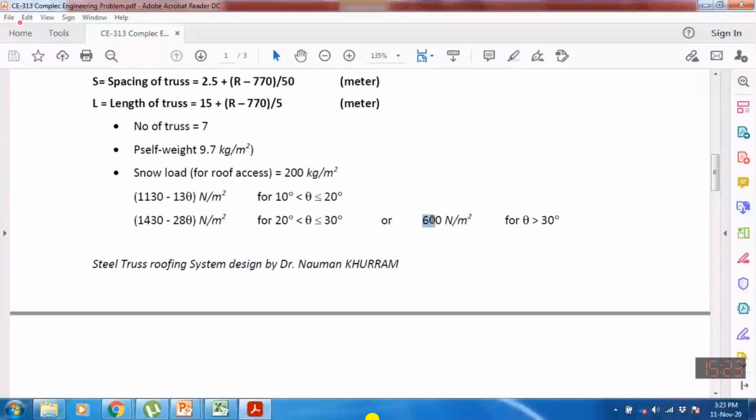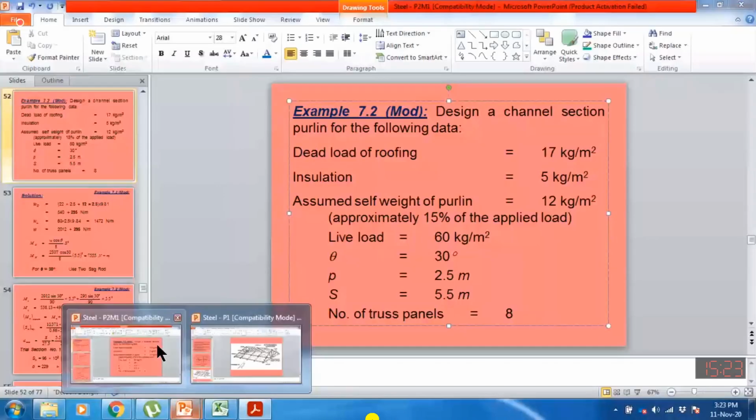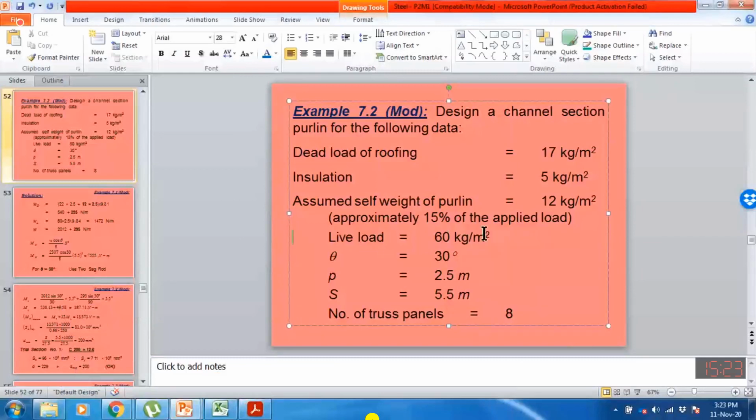This snow load will be as per the inclination of your roofing truss. Here, the inclination is 30 or more, so the snow live load will be 60 kilogram per meter square, or if you are assuming g as 10, 600 Newton per meter square.